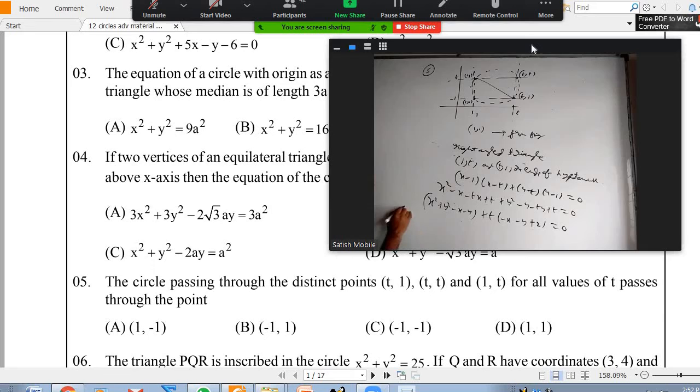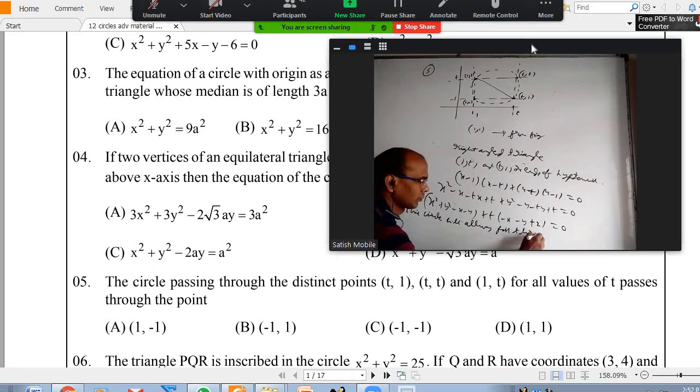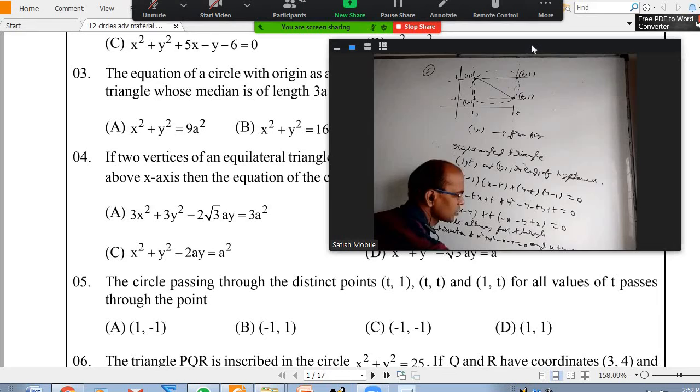So this circle will always pass through the point of intersection of x² + y² − x − y = 0 and x + y − 2 = 0.